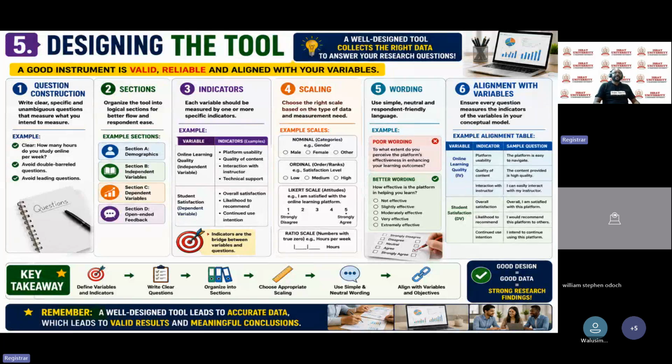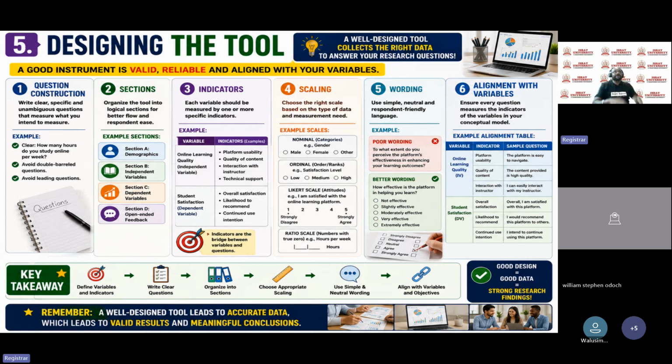A tool here, a data collection tool. So with some examples, I give 1 to 6 steps. You can have more steps, but I'm giving you 1 to 6 steps. And there is one more step 7, that is validation, that will come later.